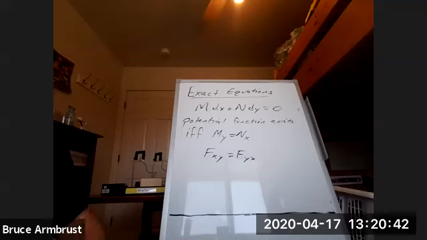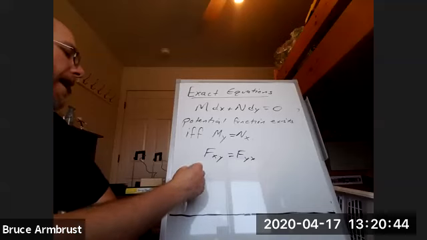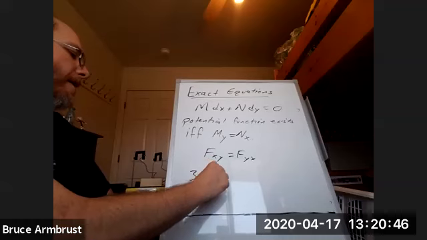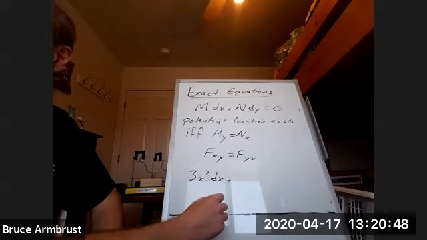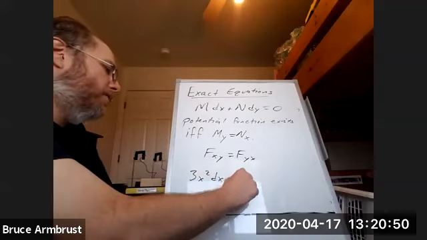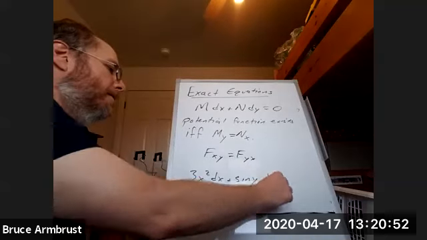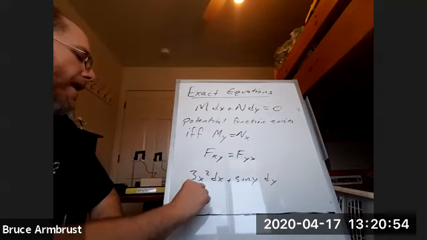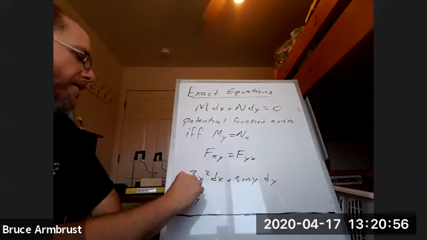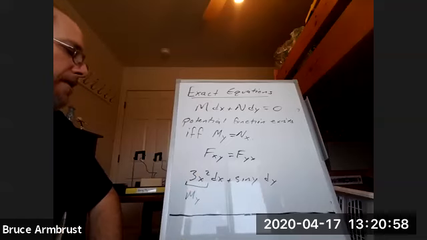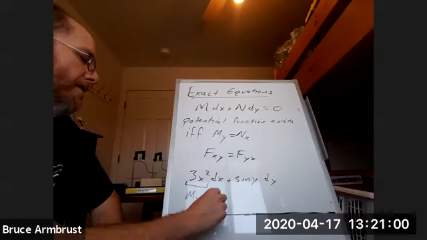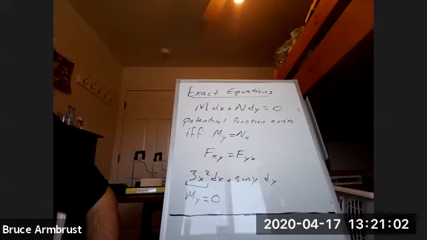So you can actually see that if we go back to the one that we had, right, we had 3x squared dx, and the other piece was the sine of y dy. So now if we do my, that's the derivative of 3x squared with respect to y, and that's going to be 0.